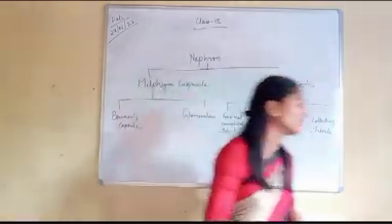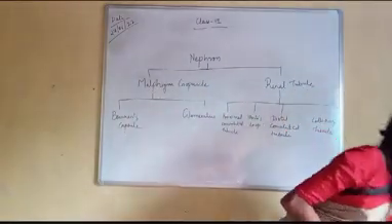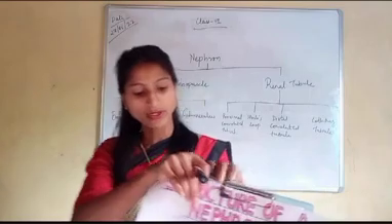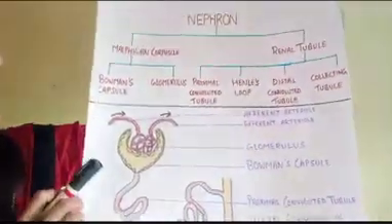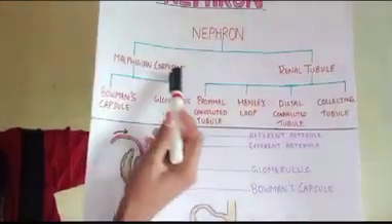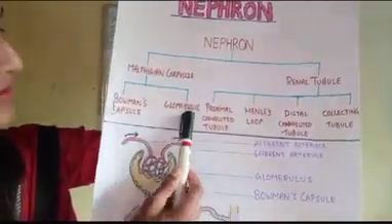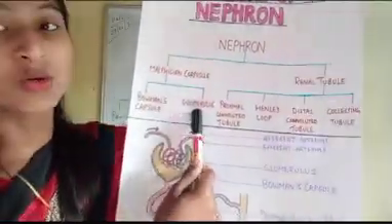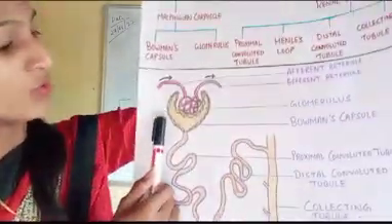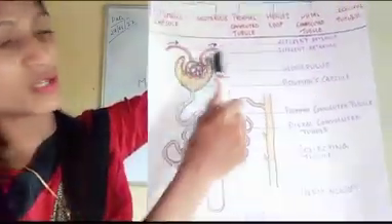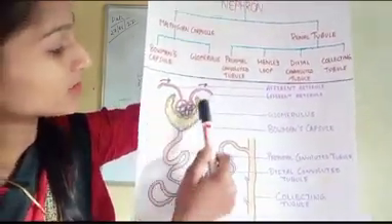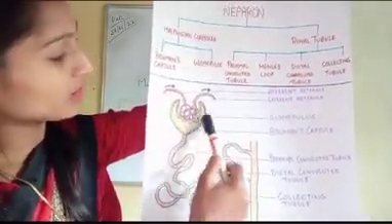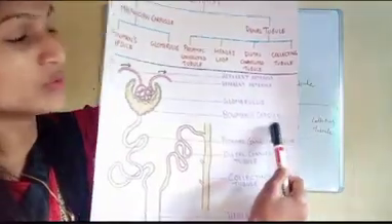So the first part of a nephron is your Malpighian corpuscle. Now, as we all know, Malpighian corpuscle has been divided into two parts, Bowman's capsule and glomerulus, isn't it? So you can see this is the structure of a nephron. This cup-shaped structure is your Bowman's capsule.